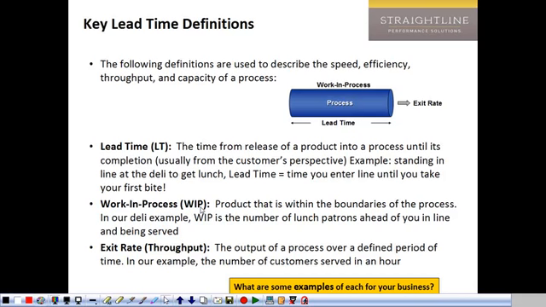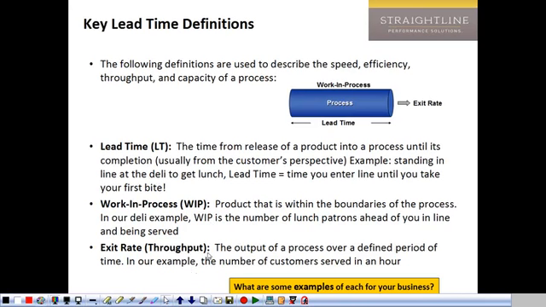Work in progress, I think we all know what that is. It's the product that's being created, or is created and not yet served or not yet delivered. That's in the process. Okay, so in the deli example, the WIP is the number of lunch patrons, the number of customers ahead of you in the line and being served.